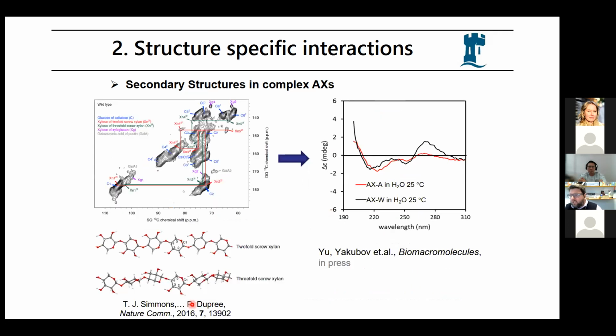And so we took again this work by Paul Dupré's group, who identified this conformation by double quantum NMR. We didn't have access to double quantum NMR simply because we couldn't produce our polysaccharide in a C13 enriched atmosphere, which is something that we still try to do.